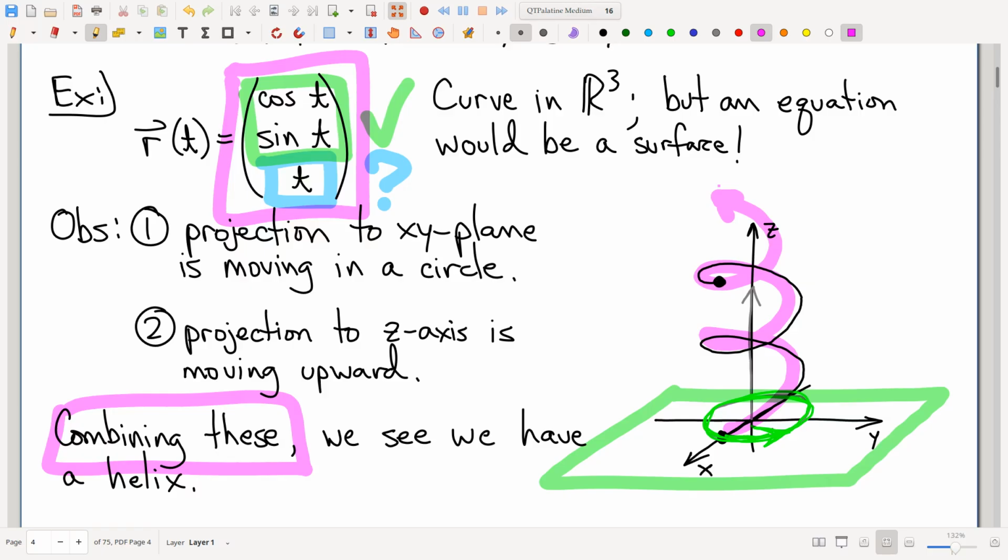Yeah, great. What do you mean that the equation would be a surface? Yeah, so this is something we are going to talk about more later on. But I'm going to say generically, when you have an equation of 3 variables, so we're thinking about points in space, in other words, and you're just looking at one equation, generically that will be a 2-dimensional thing like a surface. Now, why is that the case?